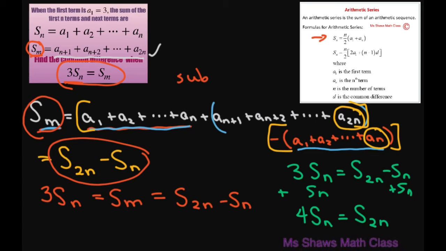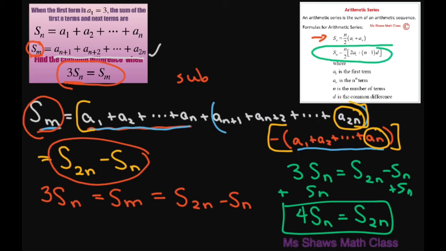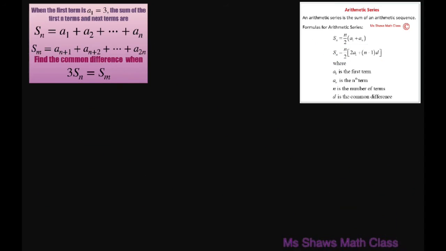Now from here, what we're going to do is use this formula right here. All right, and don't forget our first term is 3 because we're going to need our first term right there. So let's do that. We're going to have, let me write it down, 4s sub n equals s sub 2n.